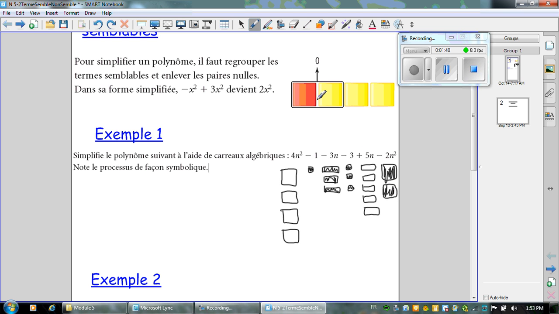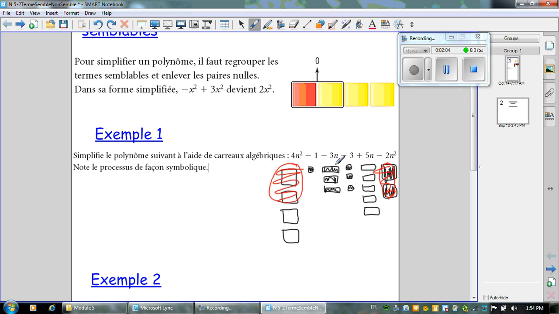Okay, so now that we have our picture, we can simplify by canceling the positives and the negatives out. Right away, you should see that I can cancel these two with those two, so they're going to cancel each other out, so I can just equal them out to 0.